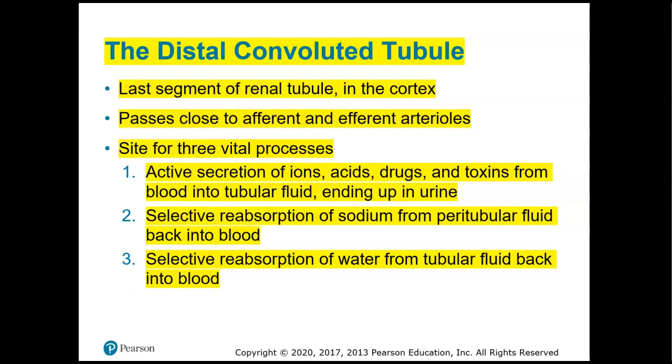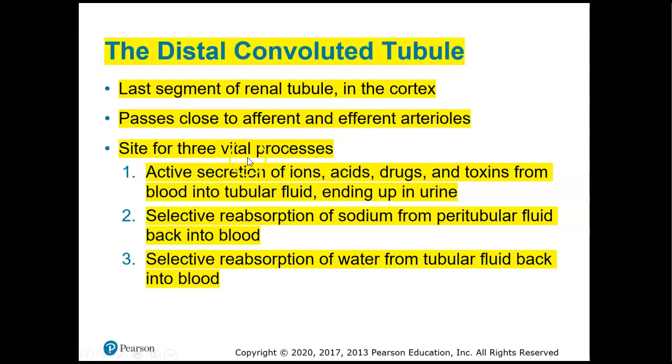Okay, then you get to the DCT. This is the last segment of the renal tubule. It's located in the cortex of the kidney, whereas the loop was in the medulla, at least if it's a juxtamedullary nephron. The DCT passes close to the afferent and efferent arterioles.